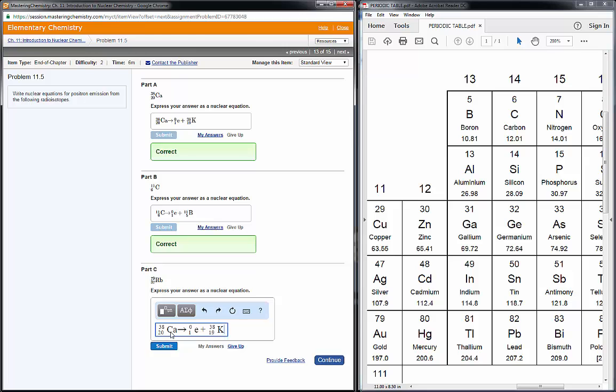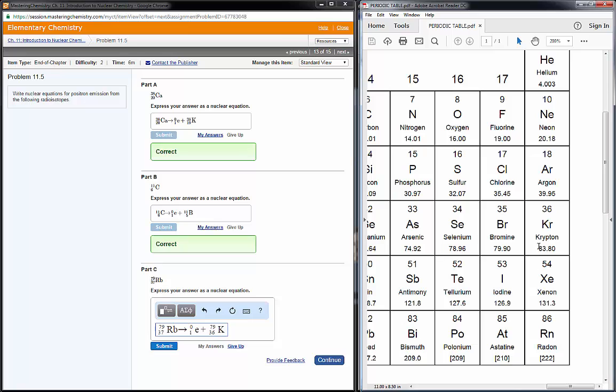Finally, we've got rubidium 79. There's my positron. So I'm going to need a mass of 79 in my product and 36 protons now. And element number 36 is krypton.